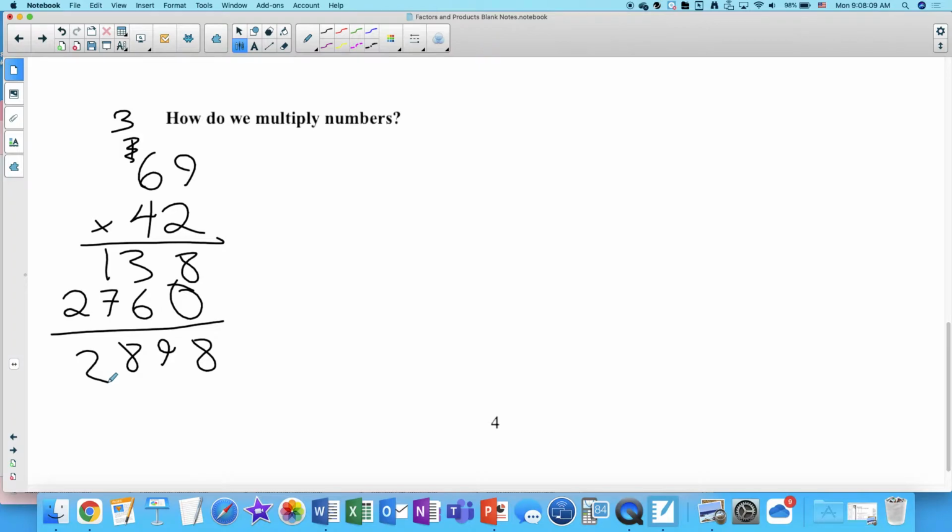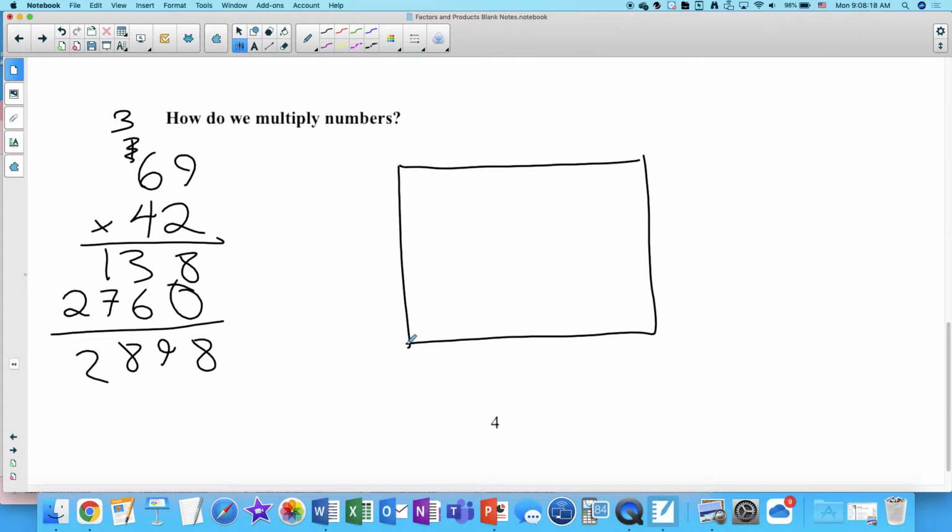We draw a rectangle that has dimensions 42 by 69, but those are not very nice numbers to work with, so we broke them up into the sum of two numbers that add to 42 and add to 69. And how did we break them up? 40 and 2 and 60 and 9.